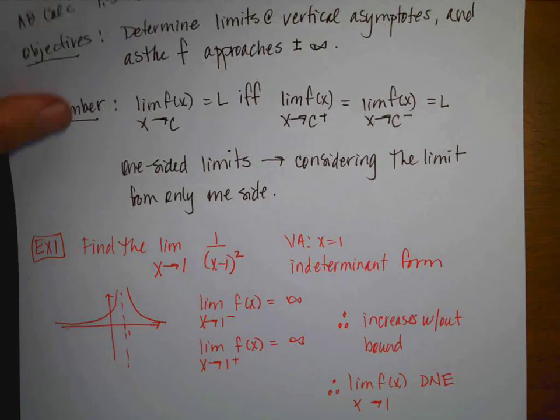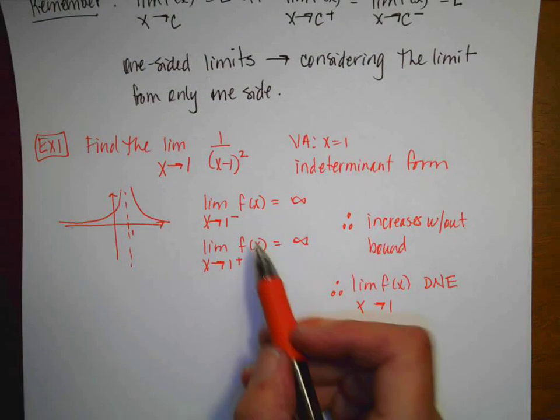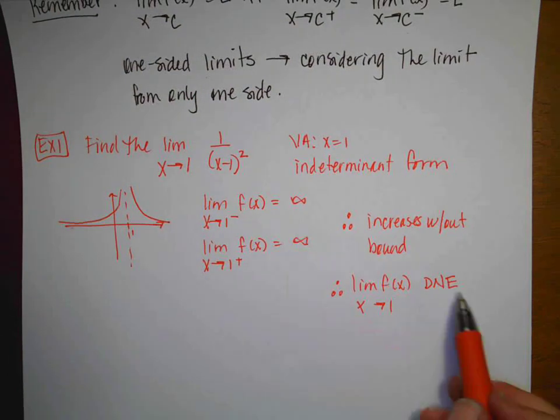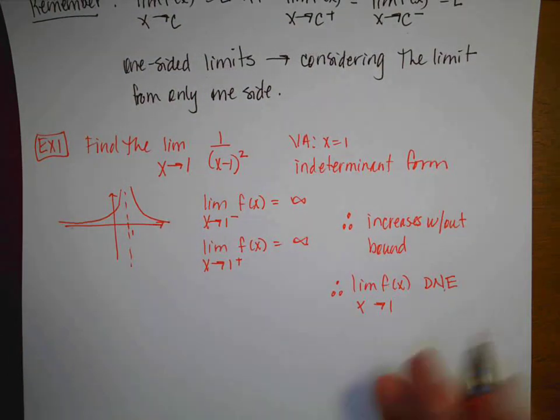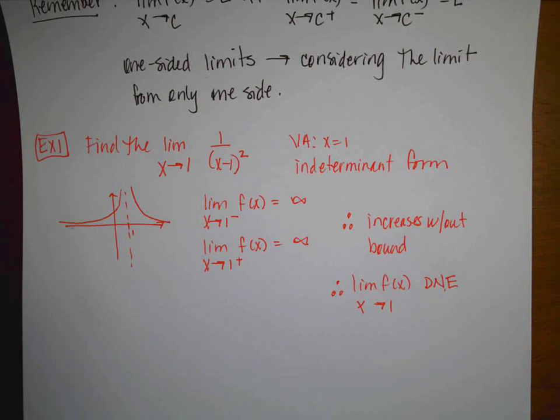And this is kind of an interesting situation in your book. The book will tell you that the limit exists and that the limit is infinity, but when you take your AP exam, because the function increases or decreases without bound, that means that there's nothing to put a boundary on the function. Therefore, there is no limit to the function. So the appropriate answer is does not exist.